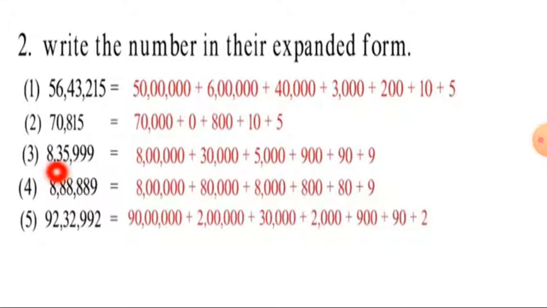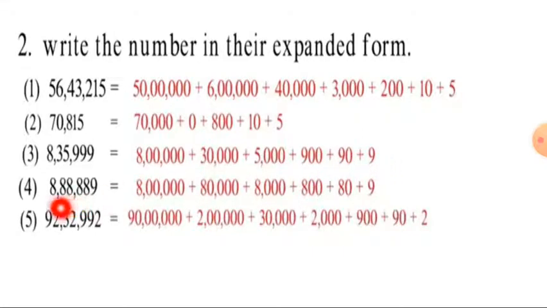Leave one line and write the sum. 8,35,999. So how will we do the expanded form? First 8 lakh plus 30,000 plus 5,000 plus 900 plus 90 plus 9.